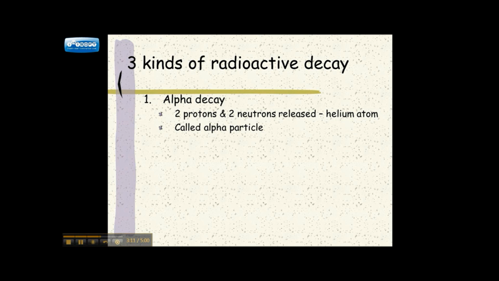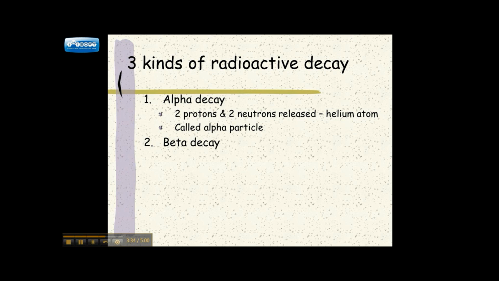The helium nucleus is called an alpha particle, and this is also the lowest energy. So these are not very dangerous at all. Alpha decay can be stopped by even a plain sheet of paper. So your sheet of notebook paper will protect you from alpha decay. You are not in any danger with alpha decay at all.